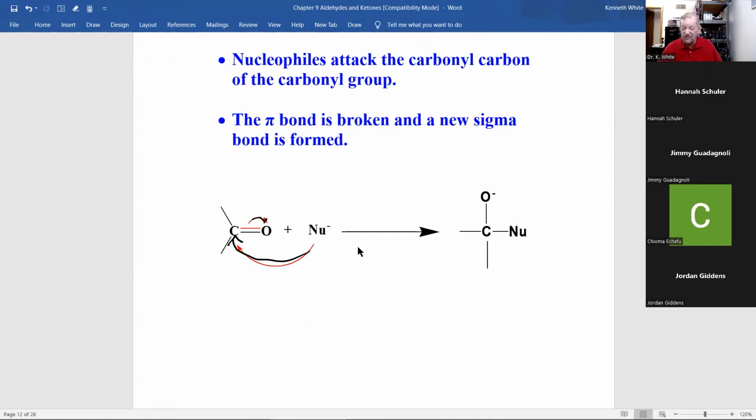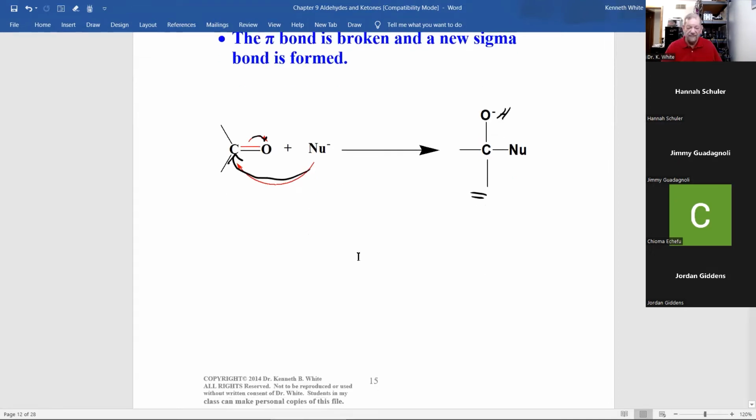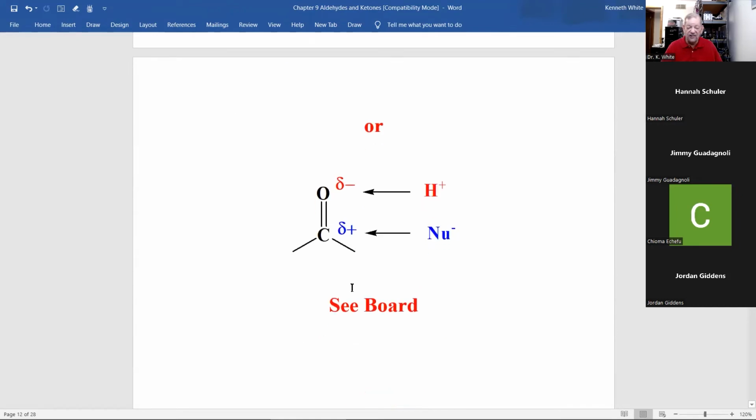And you get this intermediate, which you can protonate, adding acid to make that hydroxyl. And here's an example showing that sometimes nucleophiles are H plus Nu minus. Nu is shorthand for nucleophile. And here, all the fun happens at the carbonyl carbon.